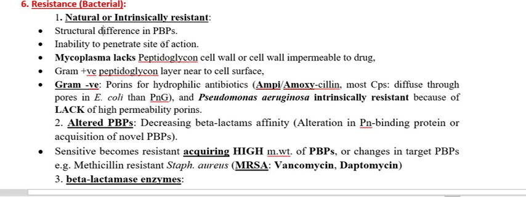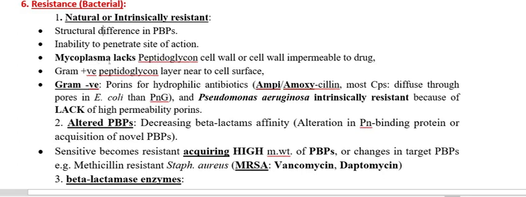As I mentioned earlier, their outer layer is not peptidoglycan, it is phospholipid, and second, the peptidoglycan layer is very thin. That is why gram-negative bacteria are less sensitive to penicillin G, because penetration through the outer phospholipid layer is less.